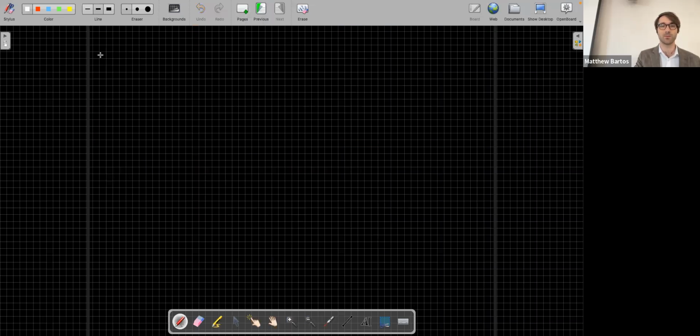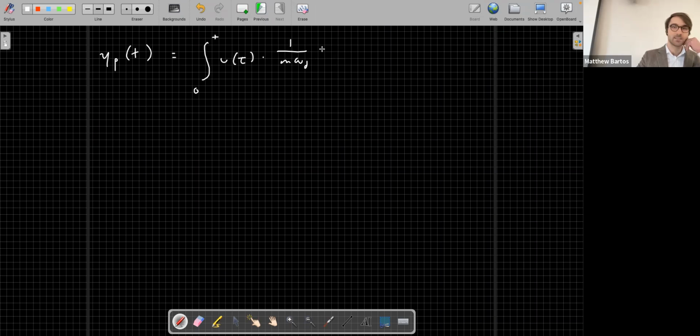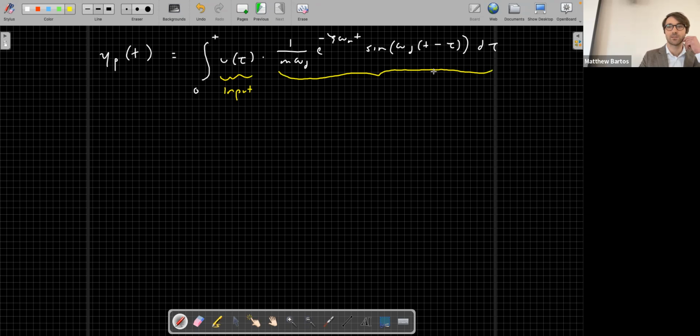The response of the structural system will be y_p(t) equal to the integral from 0 to t of u(tau) times 1/(m omega_d) e to the negative zeta times the natural frequency times (t minus tau), times sine of omega_d (t minus tau), d tau, where this is our input and this is our impulse response. And that looks kind of yucky.